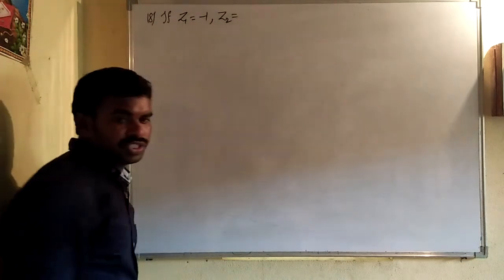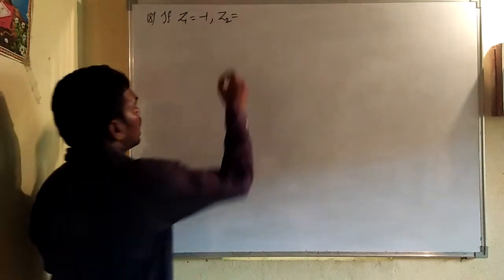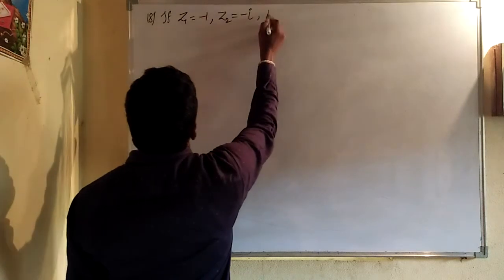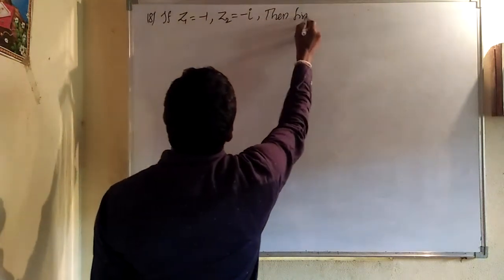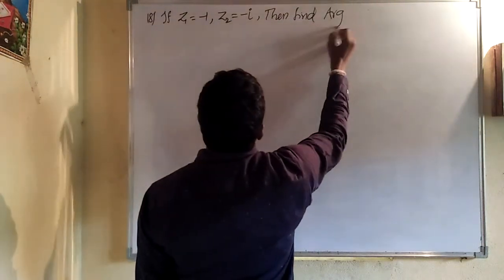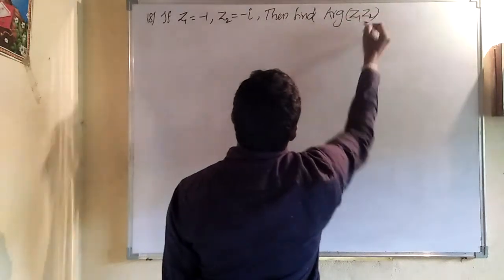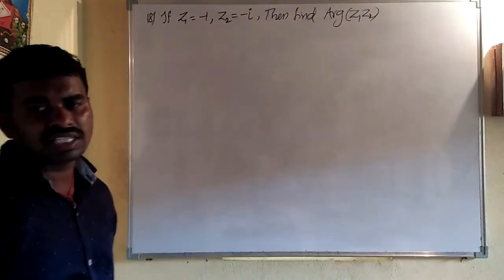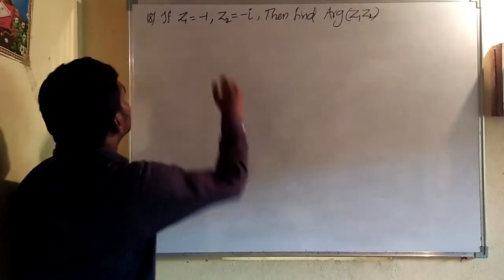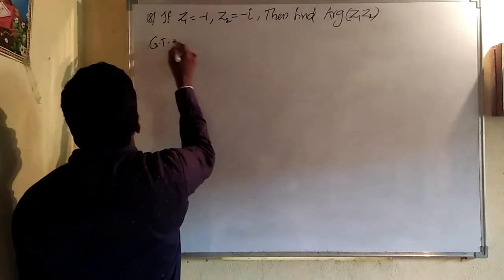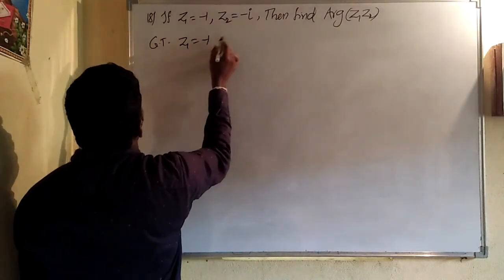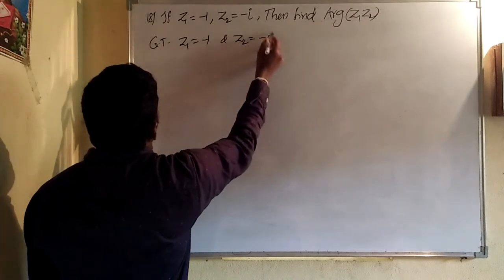Argument z depends on: if z1 equal minus 1 and z2 equal minus i, then find argument z1 into z2. I will tell you in a very short way. z1 is minus 1 and z2 is minus i.